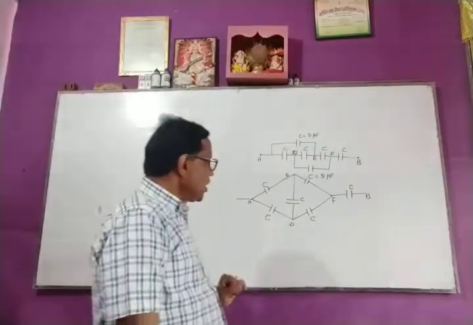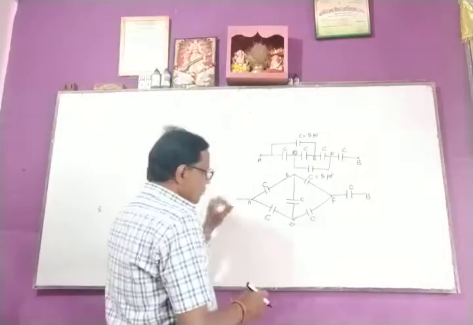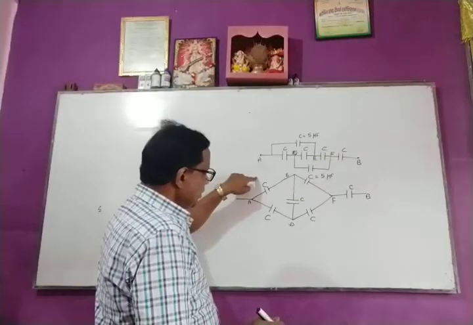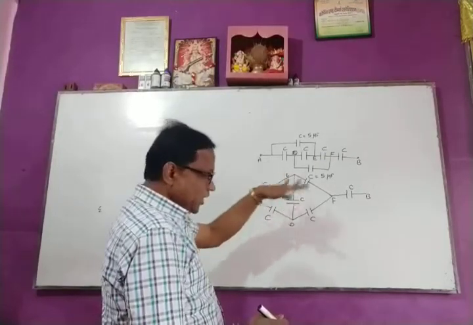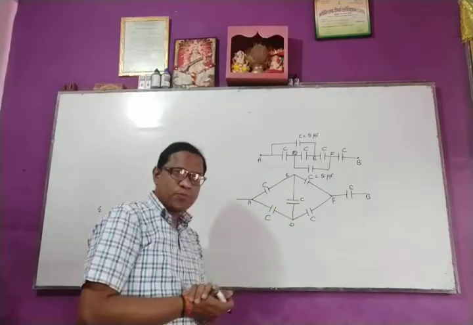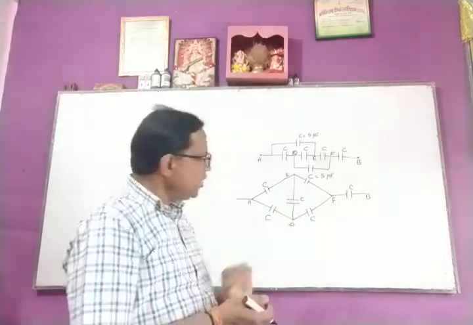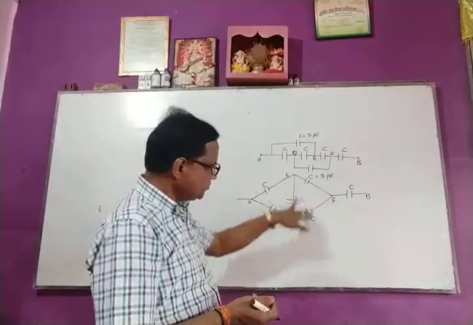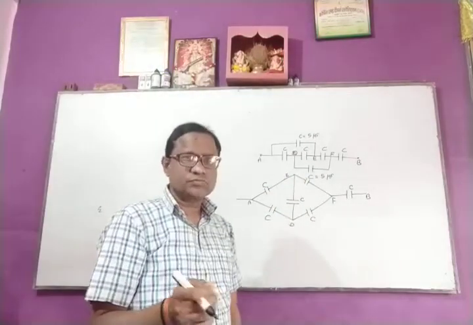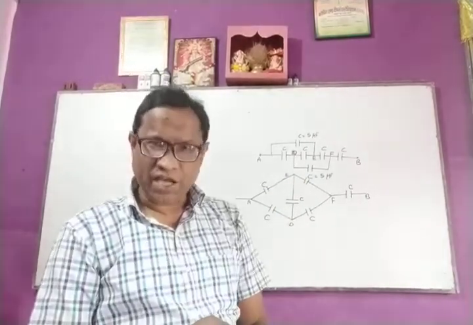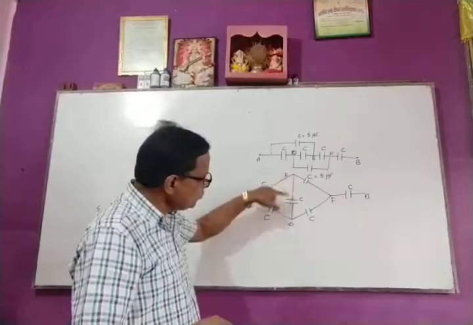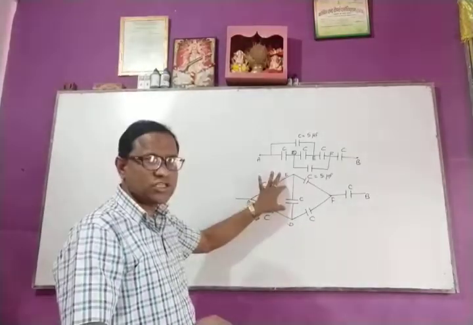Clear? In this closed loop, the ratio of these arms is the same, so no charge will flow across this part.